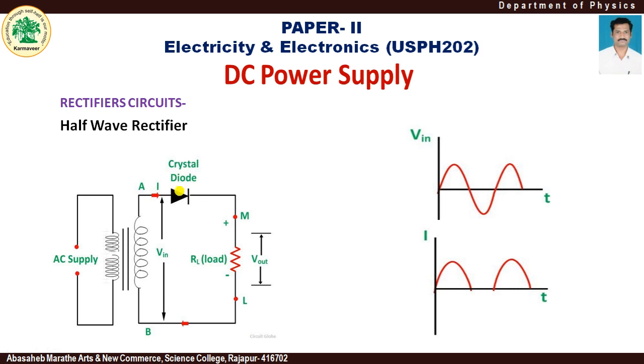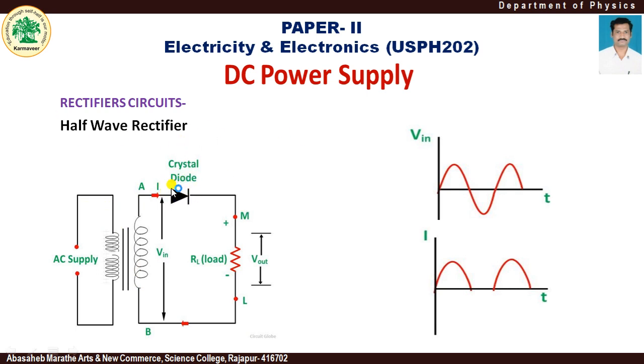During the negative half cycle of the input AC, point B becomes positive with respect to point A. This makes the diode reverse biased.